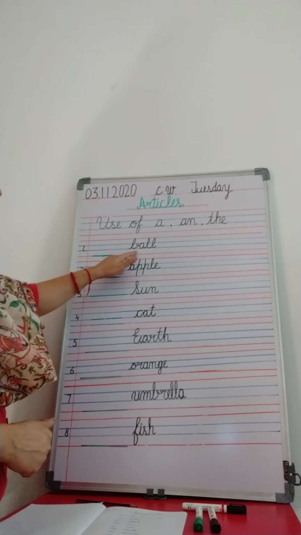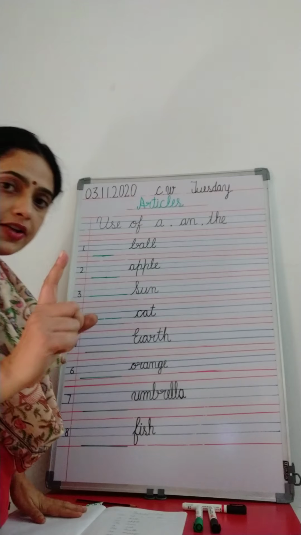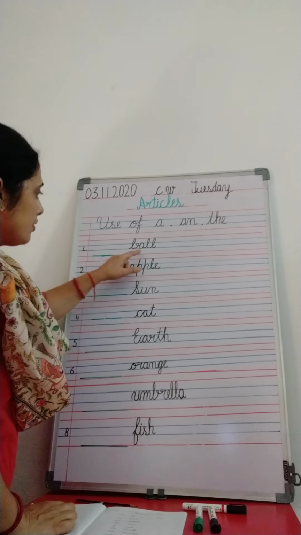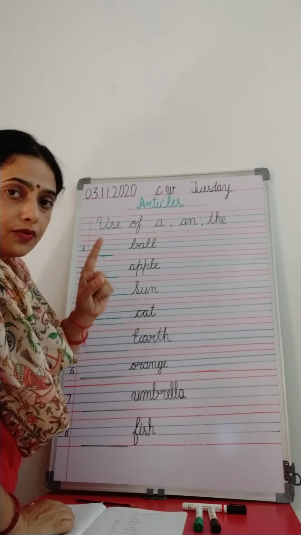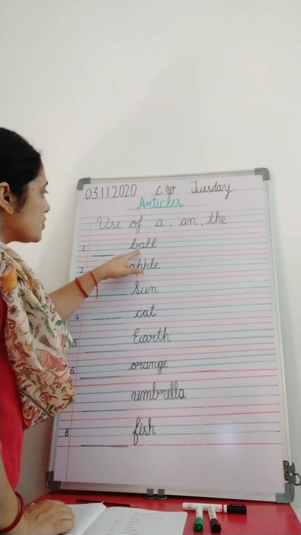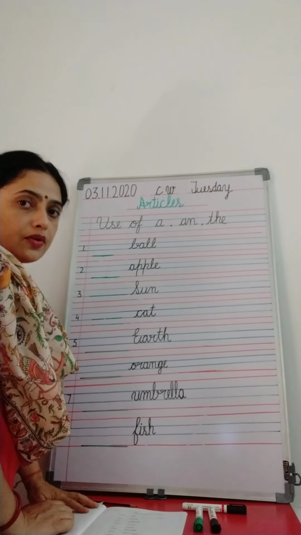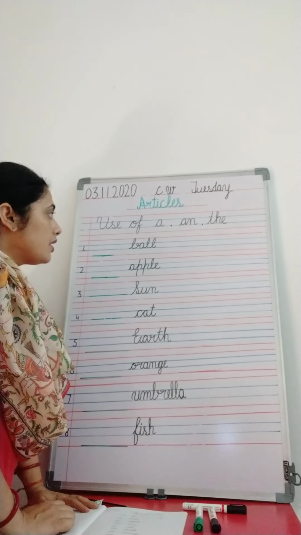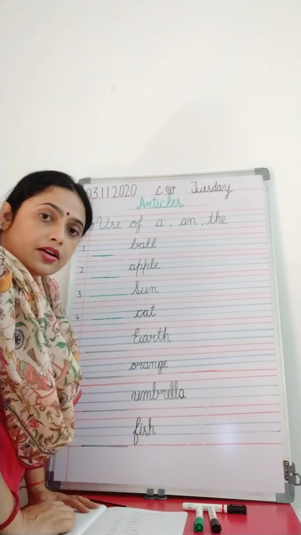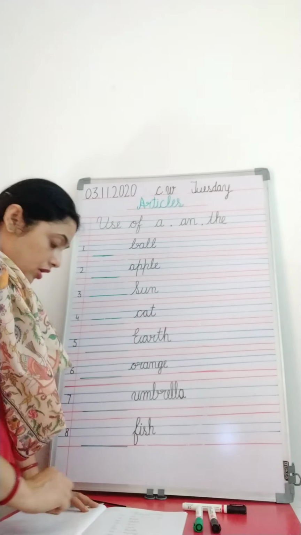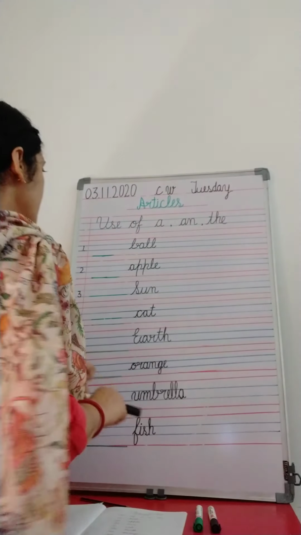Okay? Now tell me, we have only one ball. So I'm not saying balls, okay? I'm saying ball. So we have only one ball. So what will we use here? A or an? Will we say a ball, an ball, or the ball? We'll use a ball. What will we use? A ball.